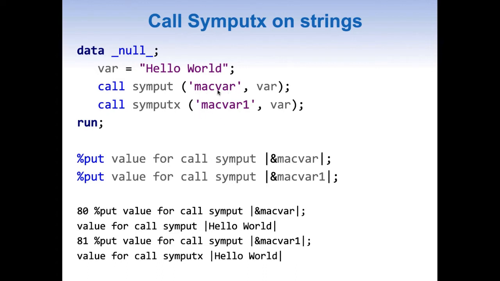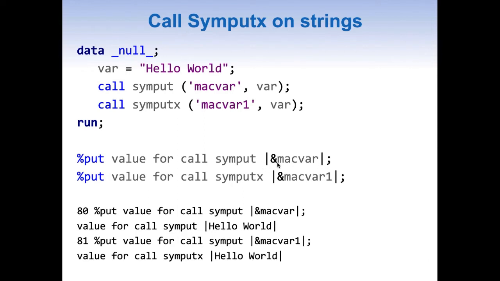We have two arguments. The first argument is nothing more than my macro variable name, and the second is my variable name, and this macro variable will have the value of var. And I am putting both of these values into the log by using a pipe in front and back of my macro variable.